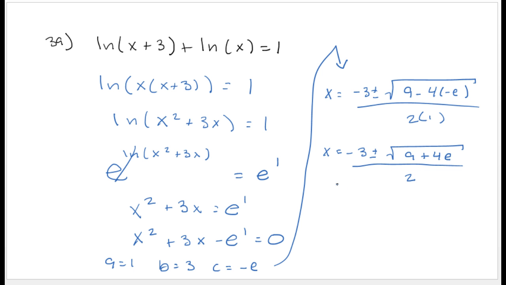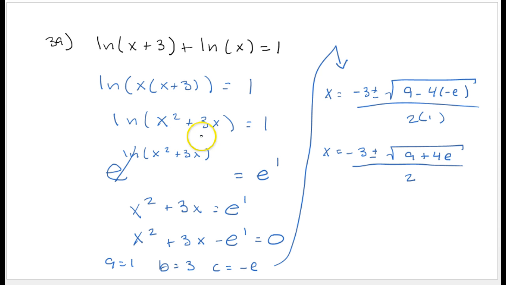Now I'm going to go ahead and punch the discriminant into my calculator, take the square root of all that good stuff and see what I come up with, and maybe I can reduce that a little bit more for you guys. So I get the square root of 9 plus 4 times e to the first. Great.